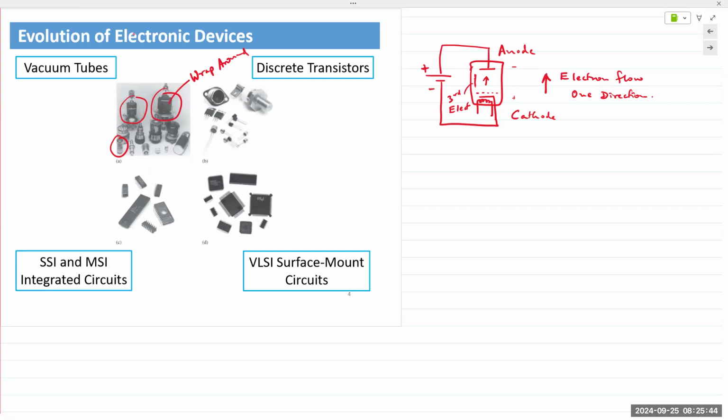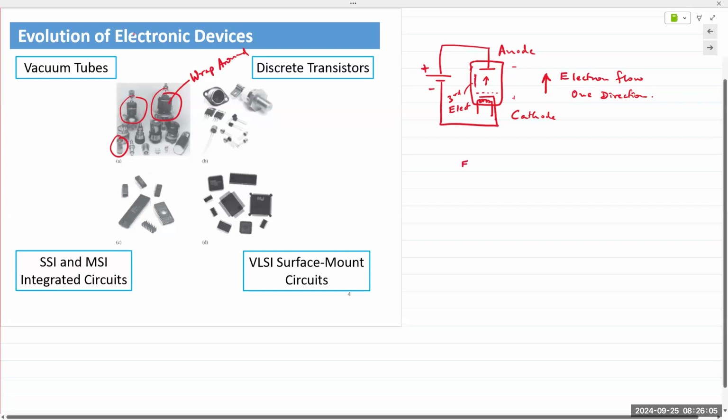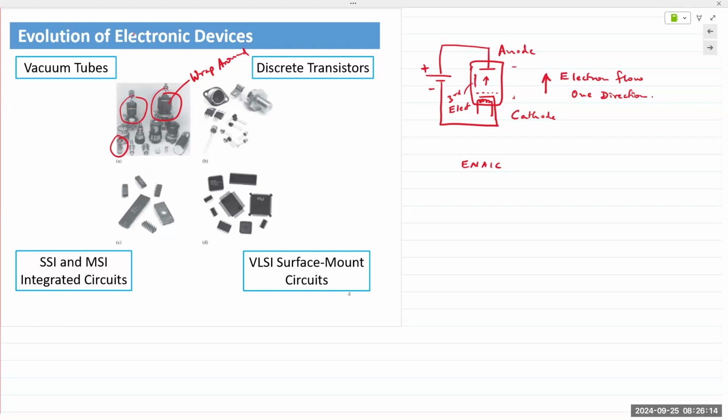Okay. Anyway, these were the first electronic devices, and I'm talking about the early 1900s. The first large-scale computer built using these vacuum tubes was known as ENIAC. Is it numerical analysis integrated circuit?